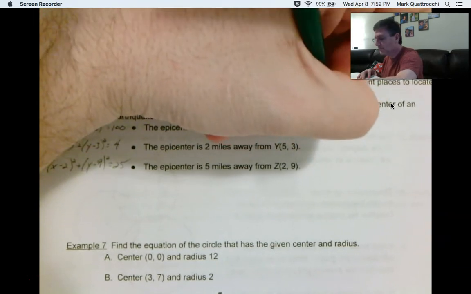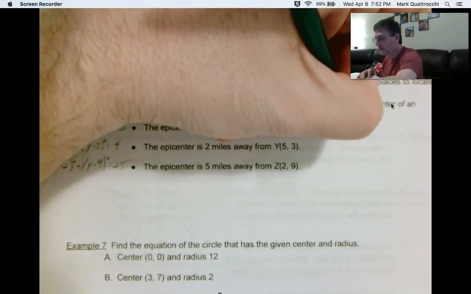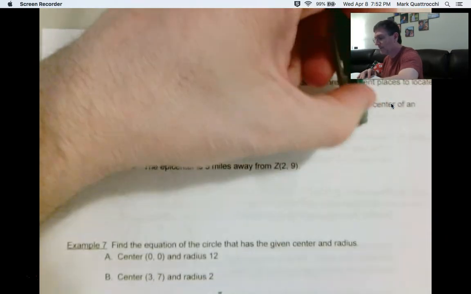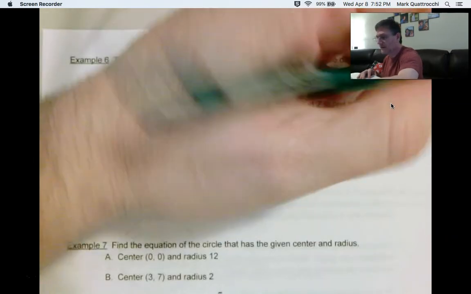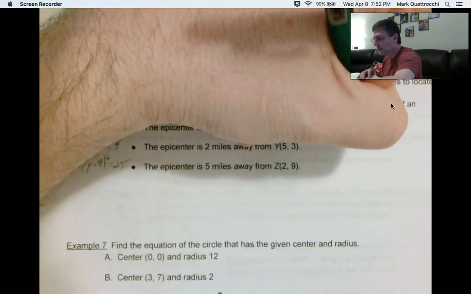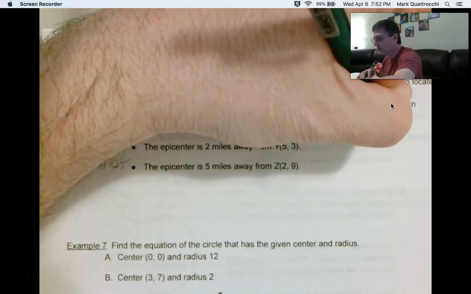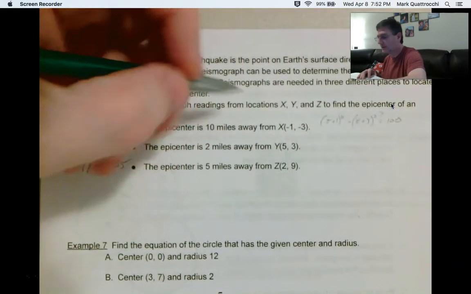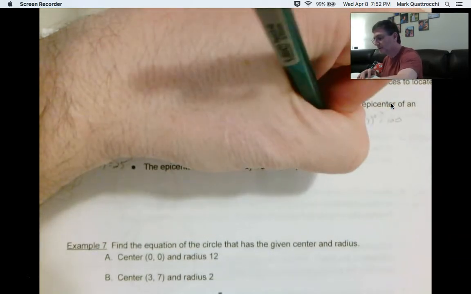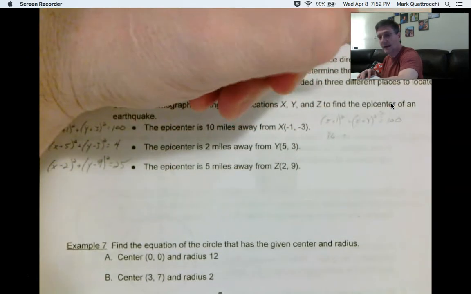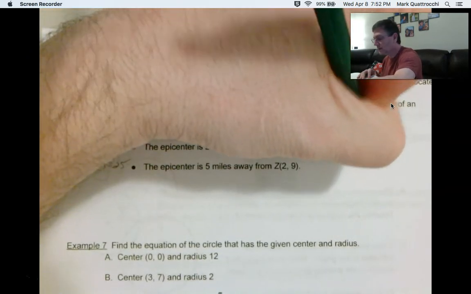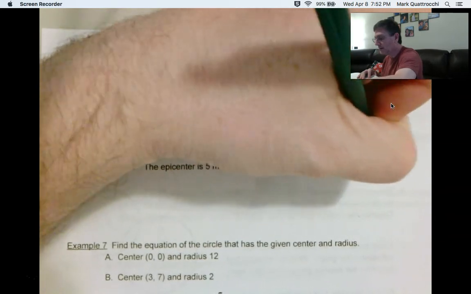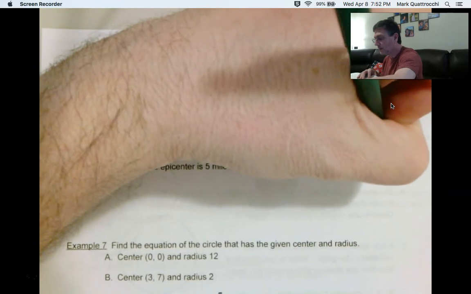So we go (5 + 1)² + (y + 3)², testing the point 5, 5: (5 + 1)² + (5 + 3)² equals, question mark, 100, because I need to know if they actually work. 6 squared is 36, plus 8 squared is 64, equals, question mark, 100. 100 does equal 100.